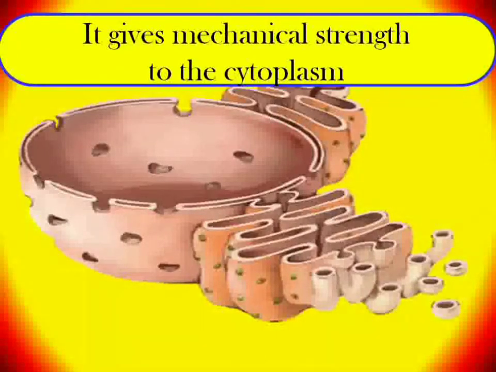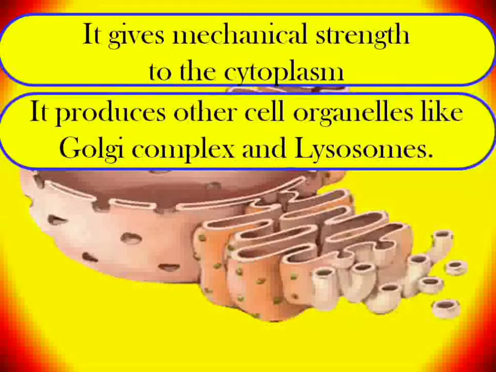This endoplasmic reticulum gives mechanical strength to the cytoplasm or cell. Already you knew that in the cytoplasm, half of the area is spread by the endoplasmic reticulum as a net, so this net-form endoplasmic reticulum gives some mechanical strength to the cell. It can produce other cell organelles like the Golgi complex and lysosomes.